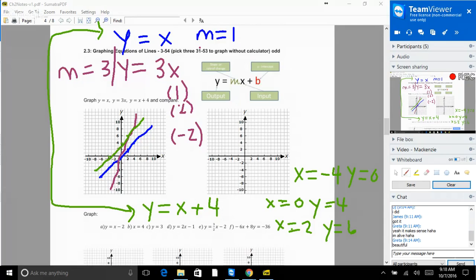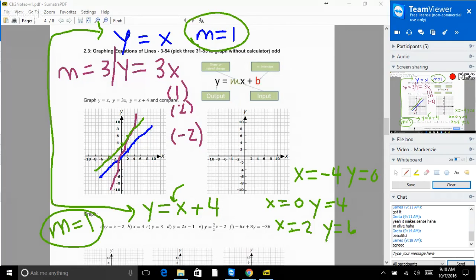And I know that for y equals x plus 4, the slope is just whatever number is before x, which is 1. So the slope is 1, and amazingly, the blue slope was also 1. So that makes sense, right? Two lines are parallel if the slope's the same.